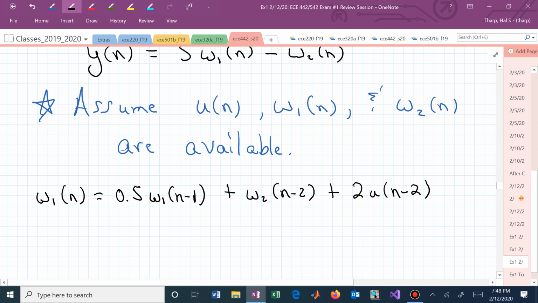Everybody comfortable with that? The same relationship in time between those variables.